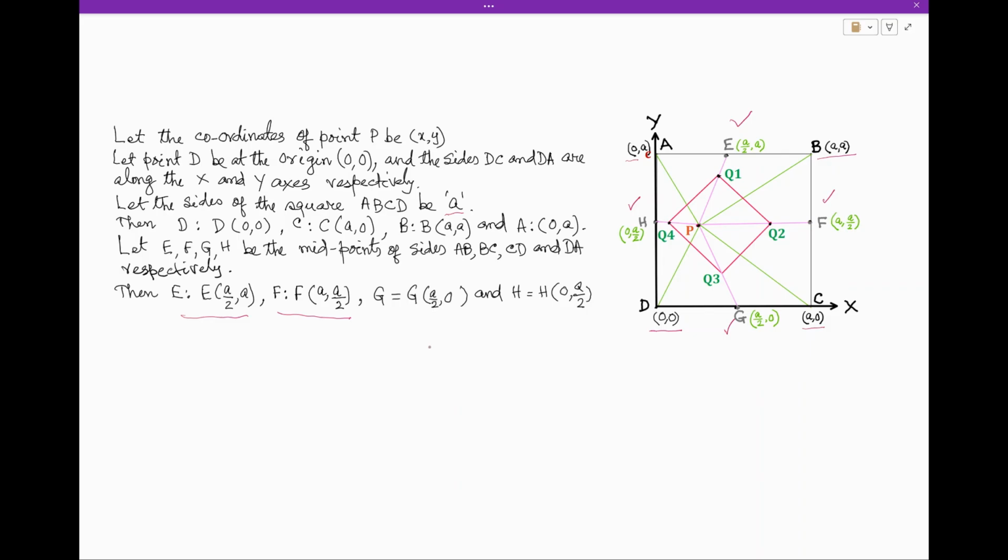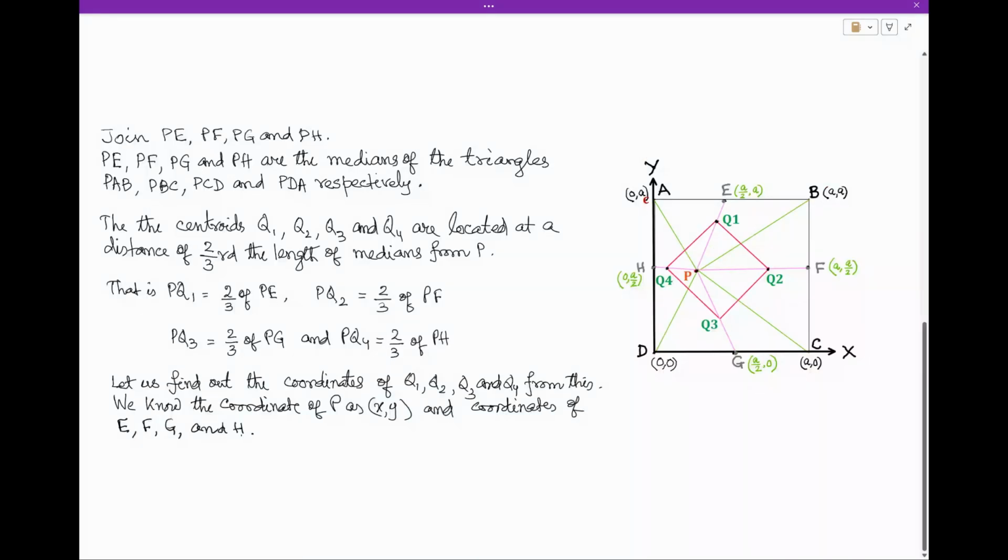Coordinates of point G will be a by 2, 0 and coordinates of point H will be 0, a by 2. Join PE, PF, PG and PH.